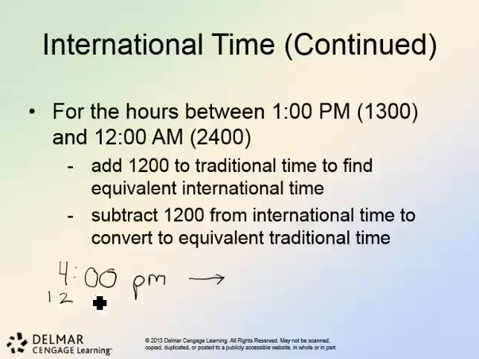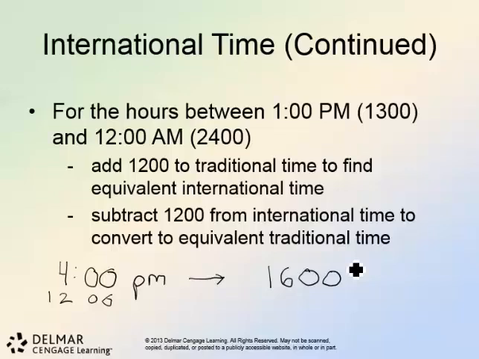So take 1,200 and add that, you get 1,600. What's very important in international time is that we do not put the colon in the middle, nor do we put AM or PM because that's not needed, because every time in the day has a distinct set of 4 digits.